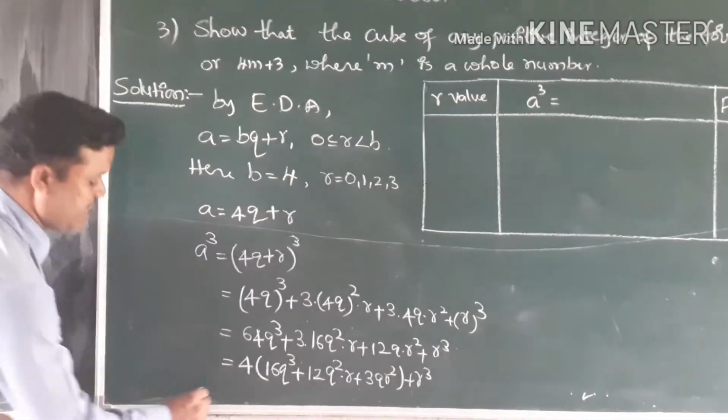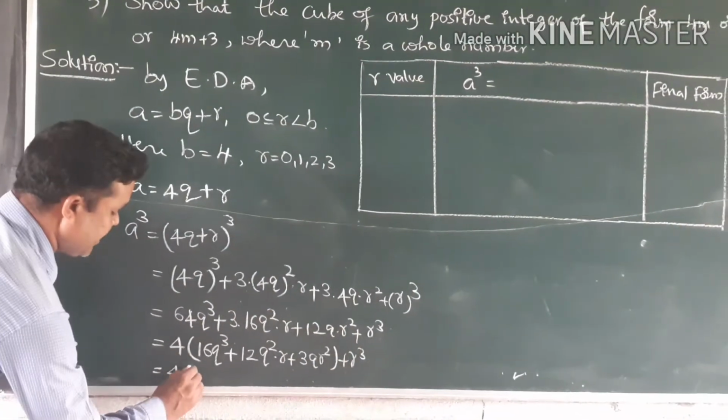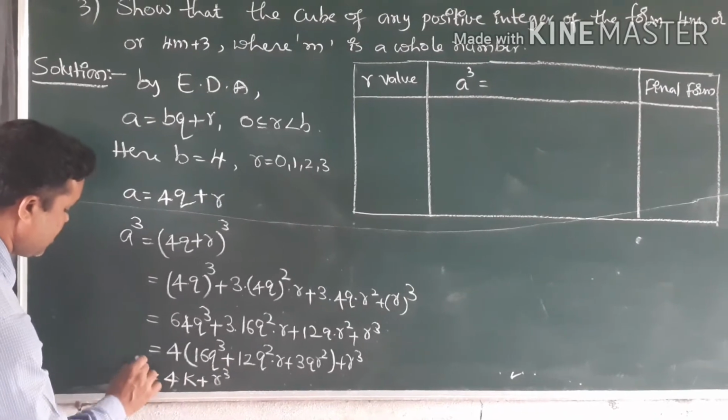So this can be written as 4 into the total term, take some letter k, 4k plus r cube. So this is a cube.